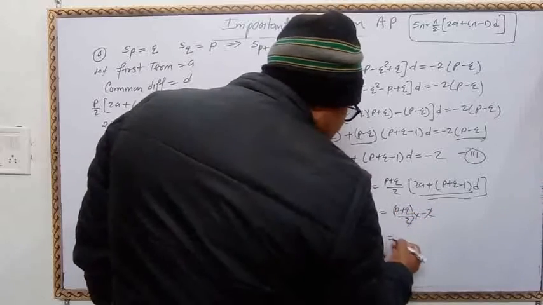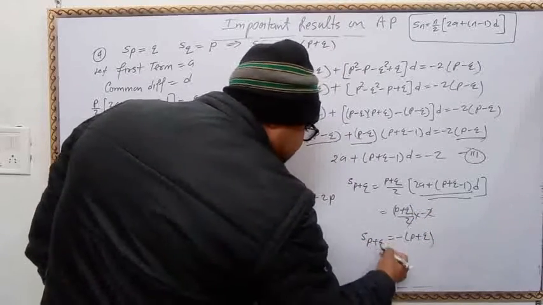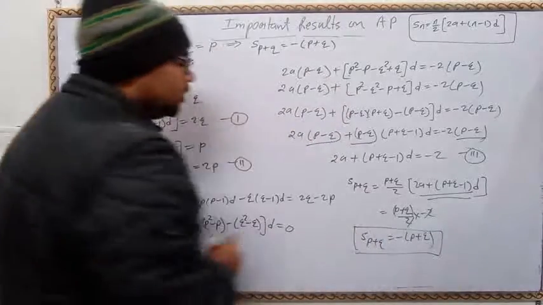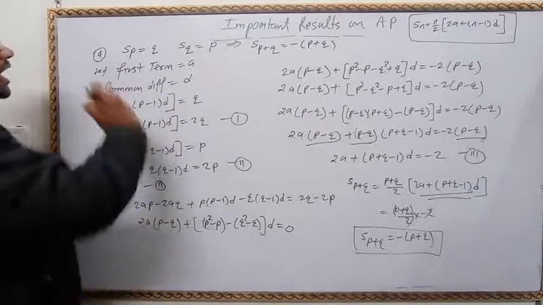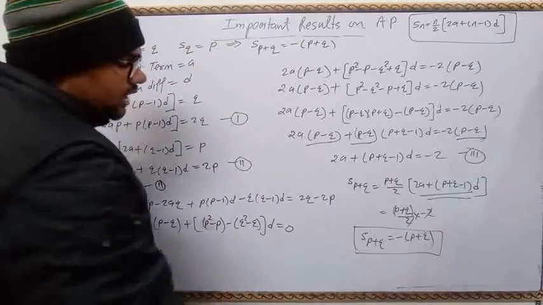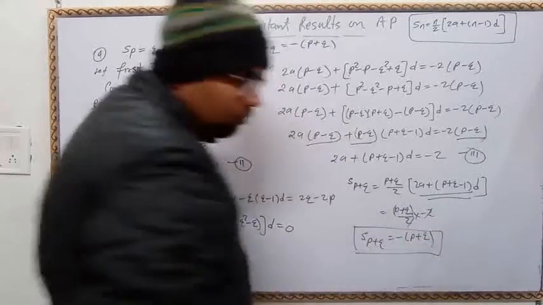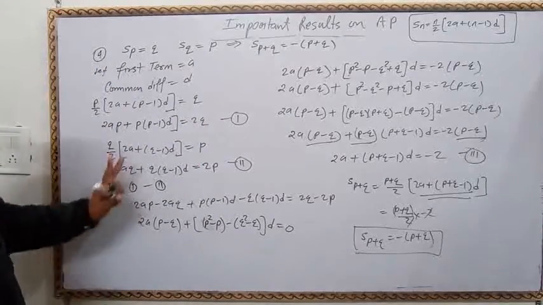Cancel. So what is the answer? −(p+q). Means S(p+q) is −(p+q). Please try to understand. If sum of p terms is q, the sum of q terms is p, then sum of p+q terms will be −(p+q). Please try to understand and note down.